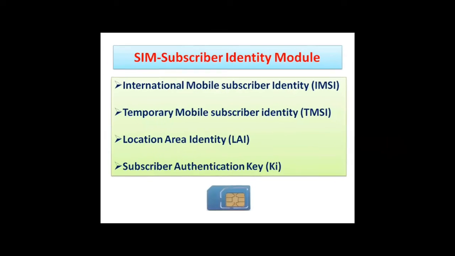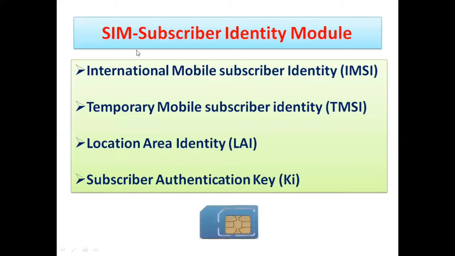Then the next one is the SIM. What does the SIM consist of? Subscriber Identity Module. Though it looks like a simple card, it has a chip, which has certain memory also. It contains certain identities. One is the IMSI, a unique and static number called International Mobile Subscriber Identity.